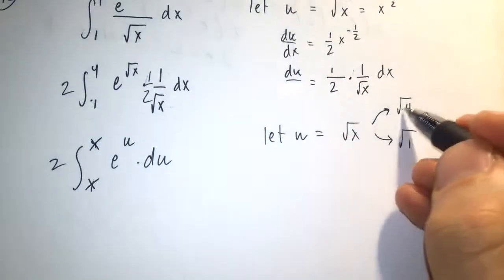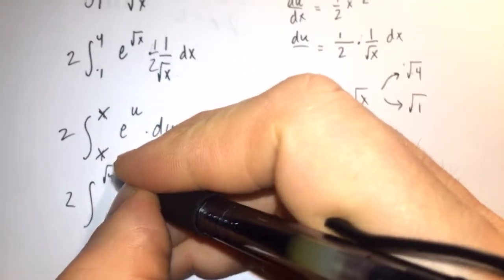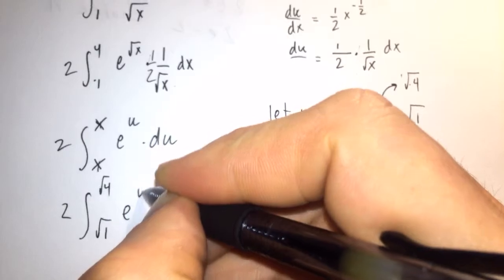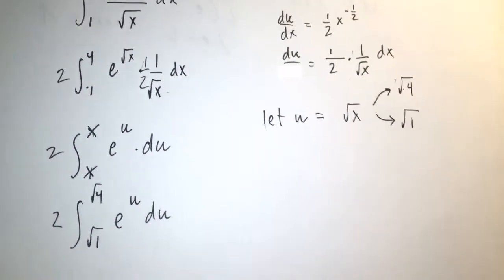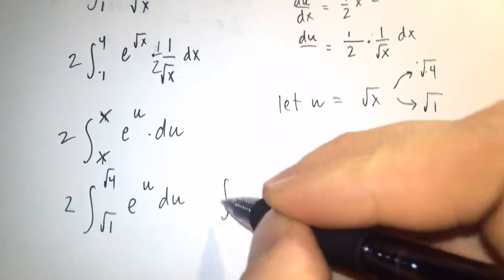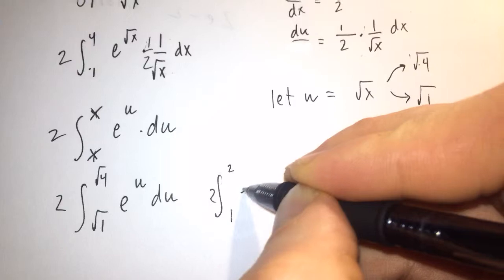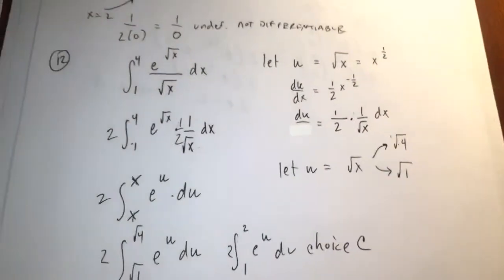So you get 1. So now these are our new boundaries. So you have square root of 4, square root of 1, e to the u du. This is choice letter C, because square root of 4 is 2, square root of 1 is 1. Choice C.